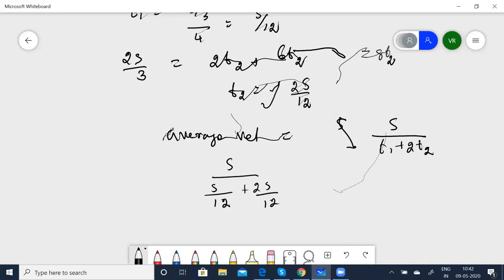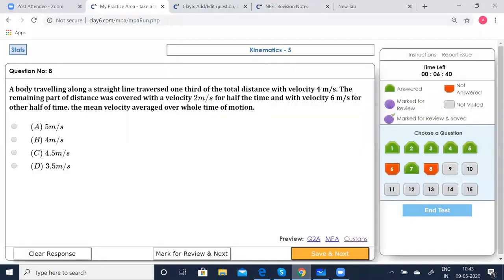When you simplify and find out, you can see this is going to be 4 meters per second. Let's see which option is correct. 4 meters per second, B option is correct. So save that, go to the next one.